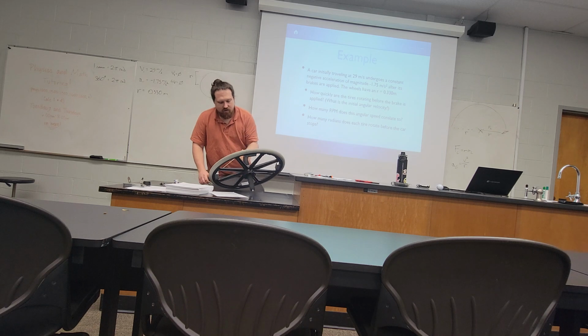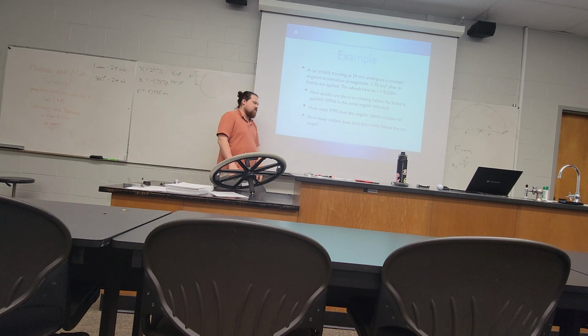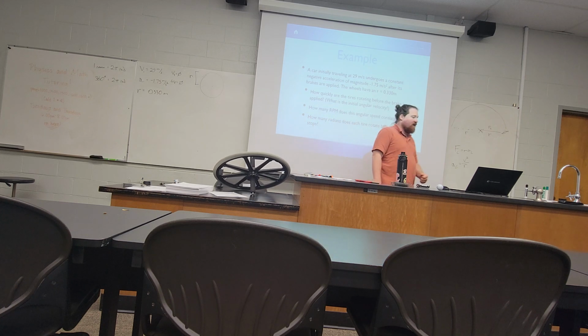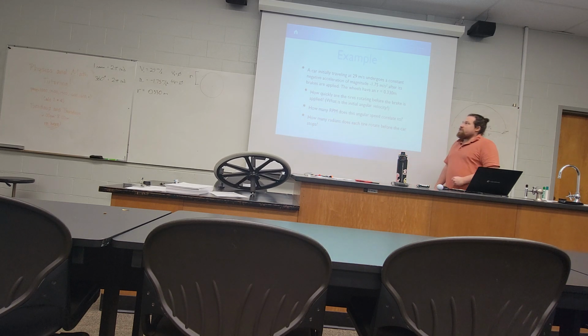Here we have a car with 4 wheels. The number of wheels doesn't matter, but the size of the wheels does. The car is initially traveling at 29 meters per second forward. That also means that each wheel is moving forward at the same speed. They're all stuck together, so that is also the initial linear speed of the tires themselves.